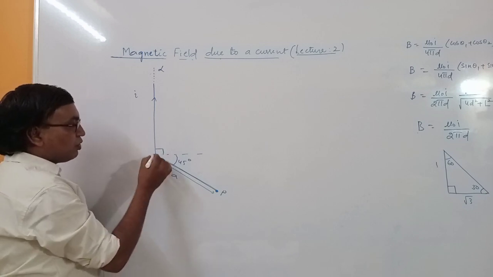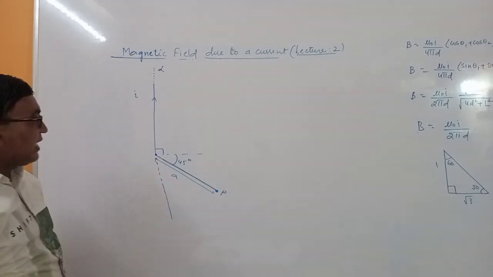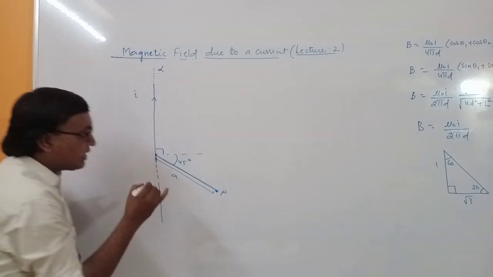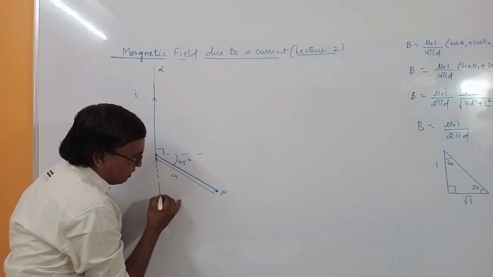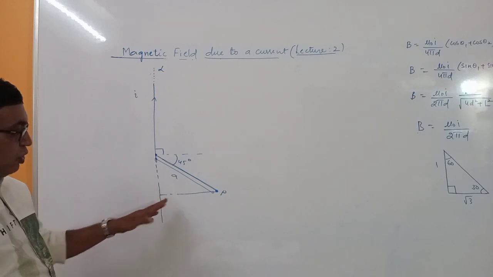So to find out the perpendicular distance, we will extend this line and drop a perpendicular from here.